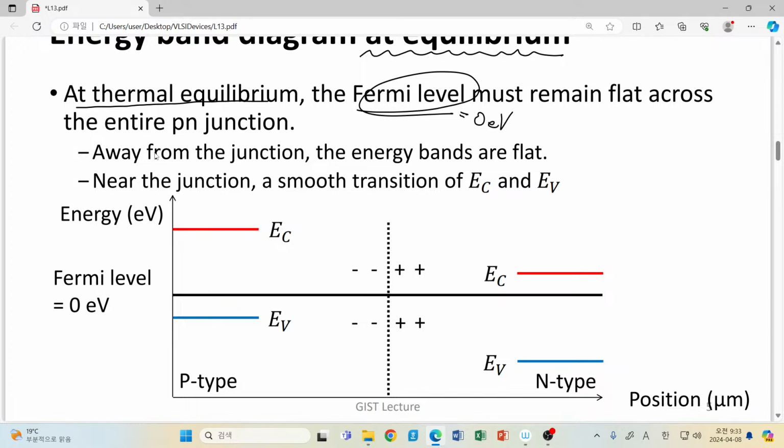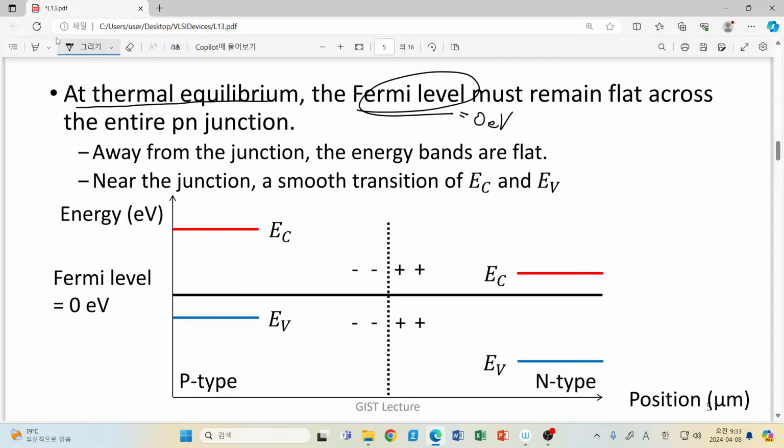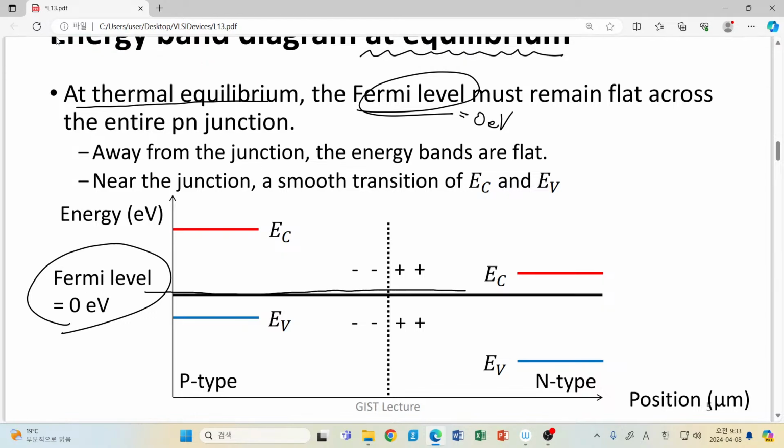terminal voltages. So please, at equilibrium, now we can define the Fermi level, and that is the strict reference value for our energy levels. And our rule is, okay, there exists an interesting structure called a p-n junction.